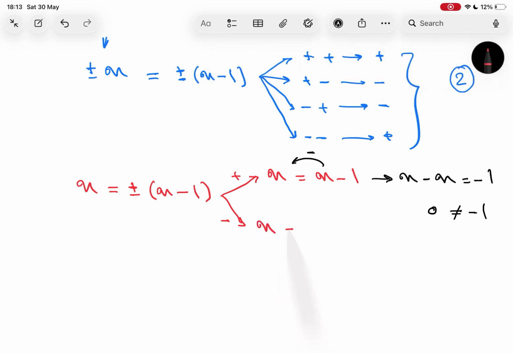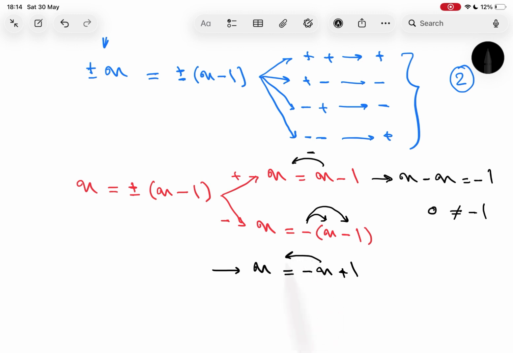The second case is x equals negative x minus 1. Now, look carefully. The negative sign outside the parentheses must be multiplied by every term inside the parentheses. Hence, we get x equals negative x plus 1.